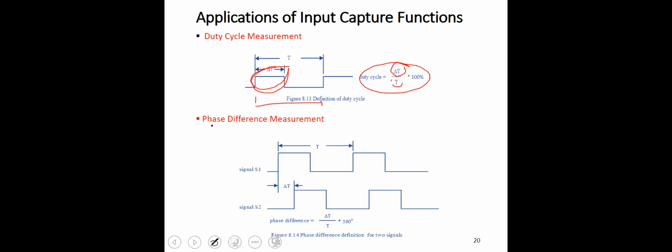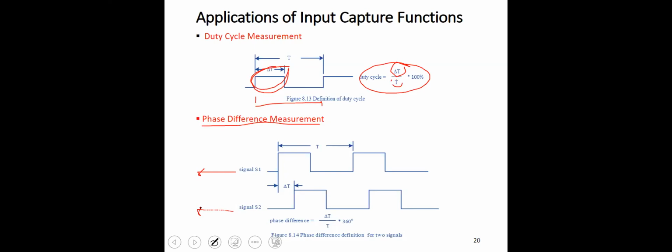Your application might be phase difference measurement. You want to measure the phase difference between two periodic signals. Let's say this is fed to one of the input capture channels, and this is connected to another input capture channel.